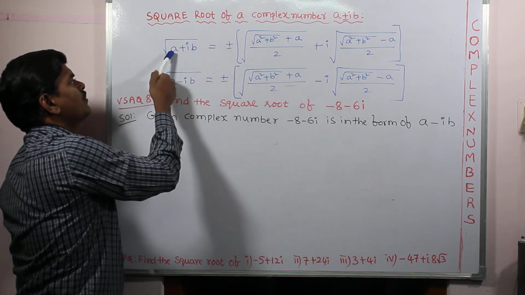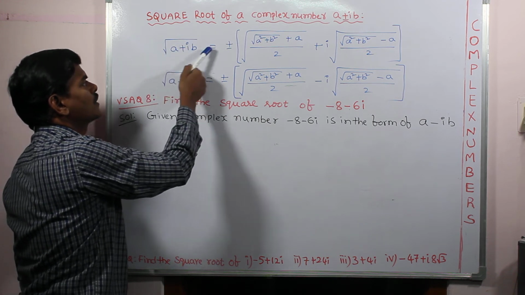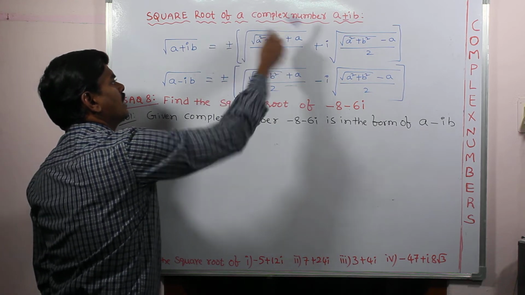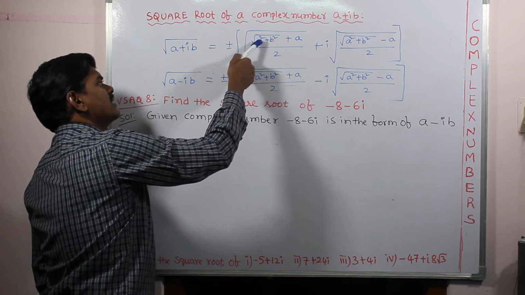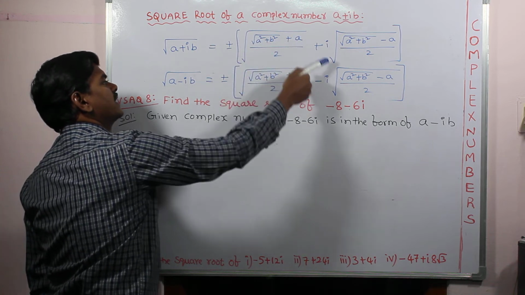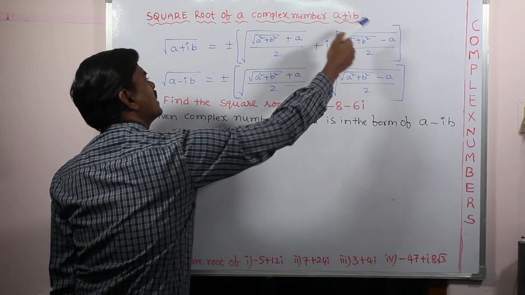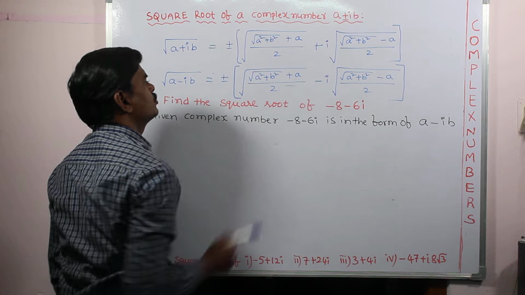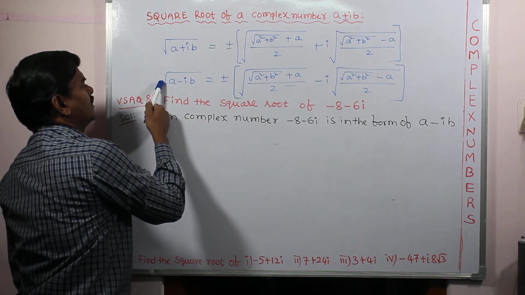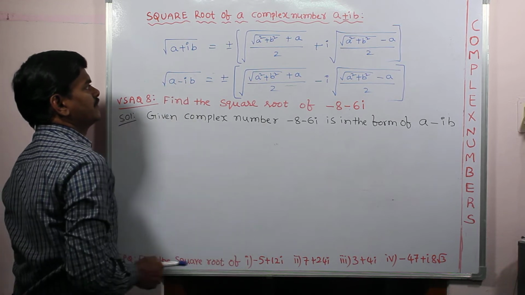If it is in the form of a plus iota b, use this formula: square root of a plus iota b equals plus or minus root over (root over a square plus b square plus a) whole divided by 2, plus iota into root over (root over a square plus b square minus a) whole divided by 2. Similarly, we can write the formula for square root of a minus iota b.